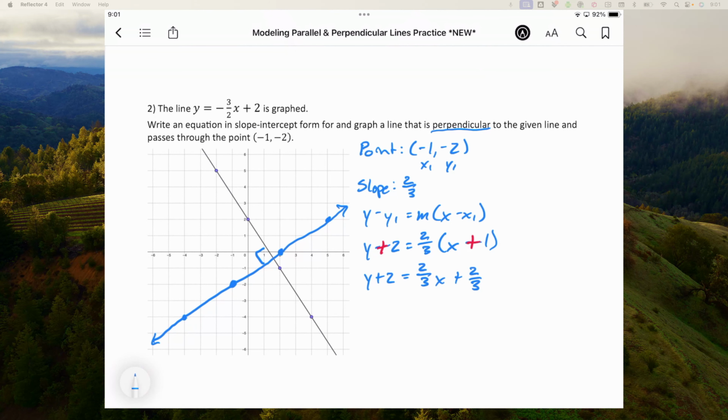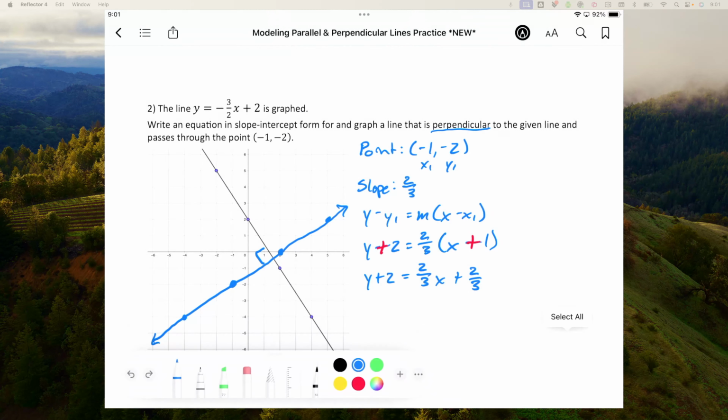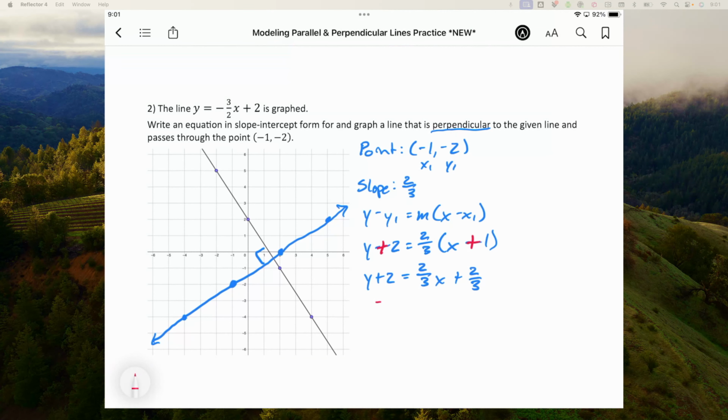And it's okay that that at the end there is a fraction. It's not going to end up being a whole number, but that's all right. We will continue solving this just like we would. Subtract 2, subtract 2. Y is equal to 2/3 x minus 4/3 is what you would get if you put that in a calculator.